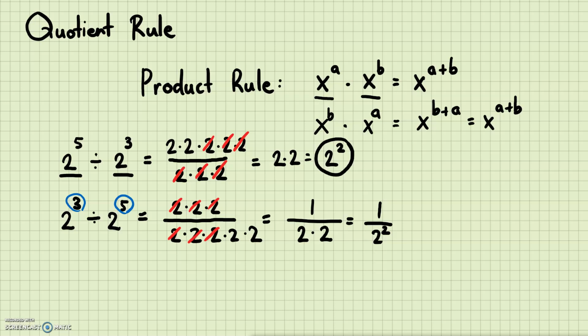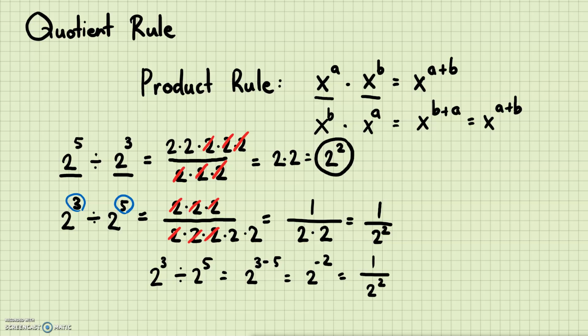Now, if you are comfortable with negative exponents, this is going to make sense, because we can do the same thing. 2 cubed divided by 2 to the 5th power is going to equal 2 to the power of 3 minus 5, which equals 2 to the negative 2, and that is the same as 1 over 2 squared.